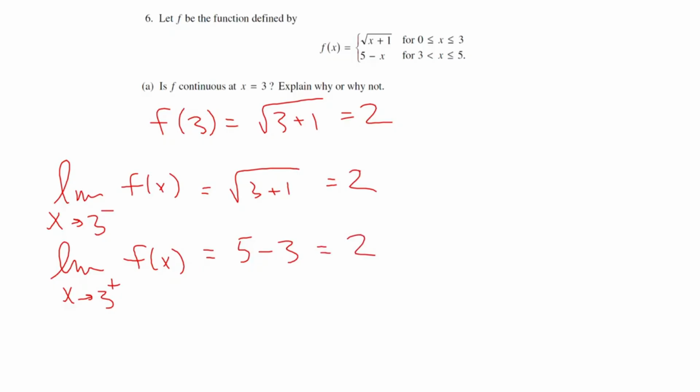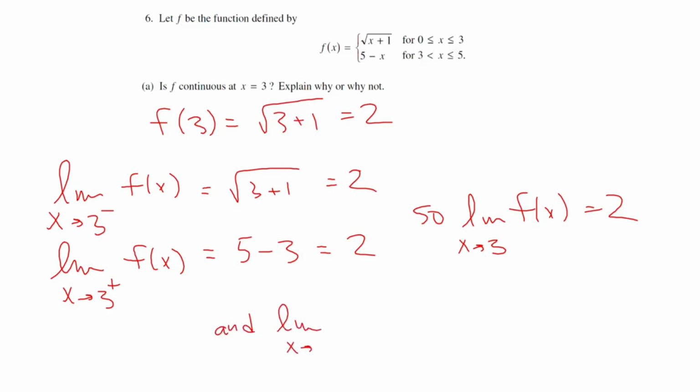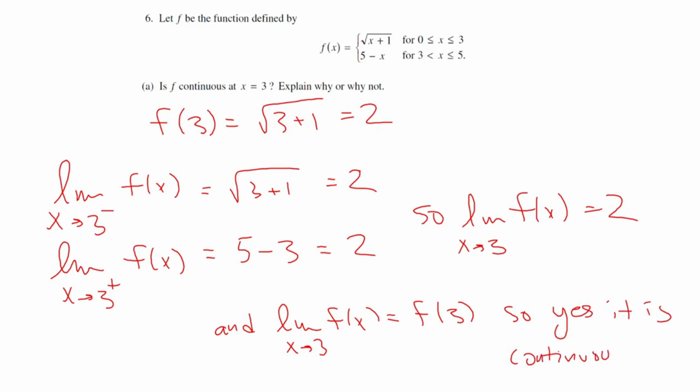And since the limit as x approaches 3 from the left is equal to the limit as x approaches 3 from the right, the limit as x approaches 3 of the function as a whole is the same value. It's also 2. And the limit as x approaches 3 of f of x is equal to f of 3. So, yes, it is continuous at x equals 3.